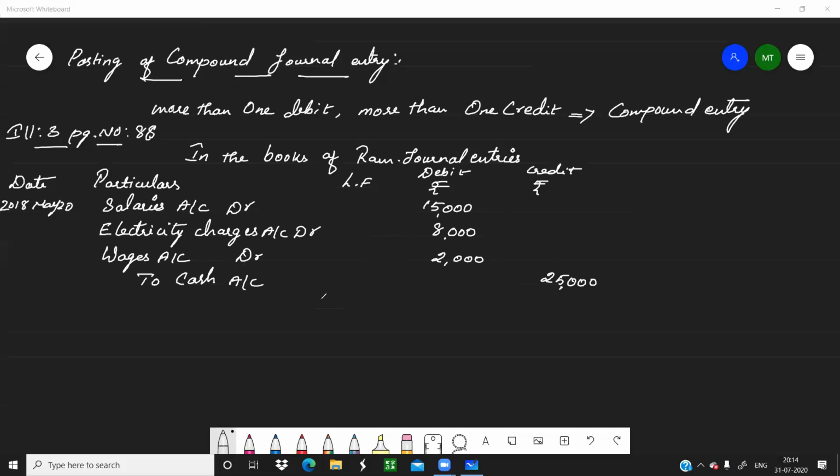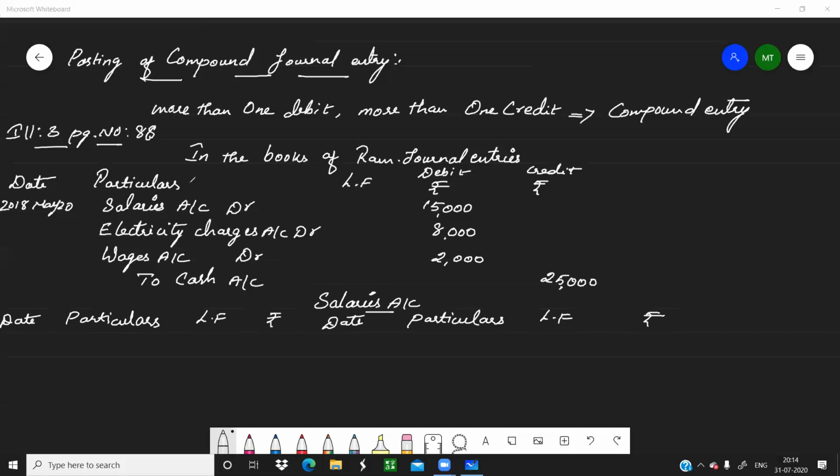You prepare the ledger account. First, salaries account. Date, particulars, then LF, then amount, then date, particulars, then LF, then amount.